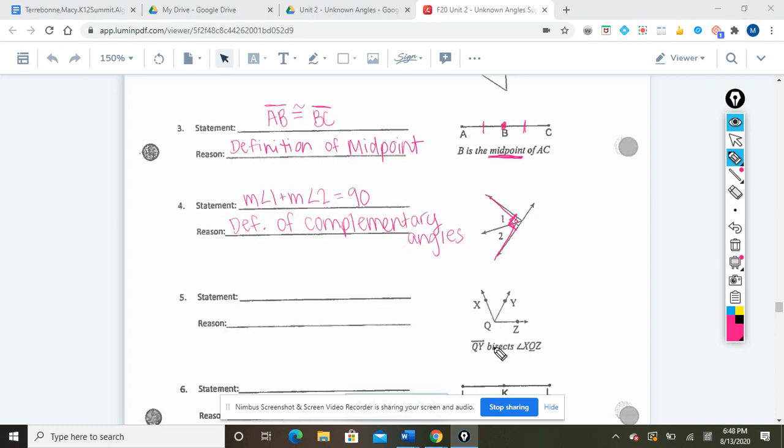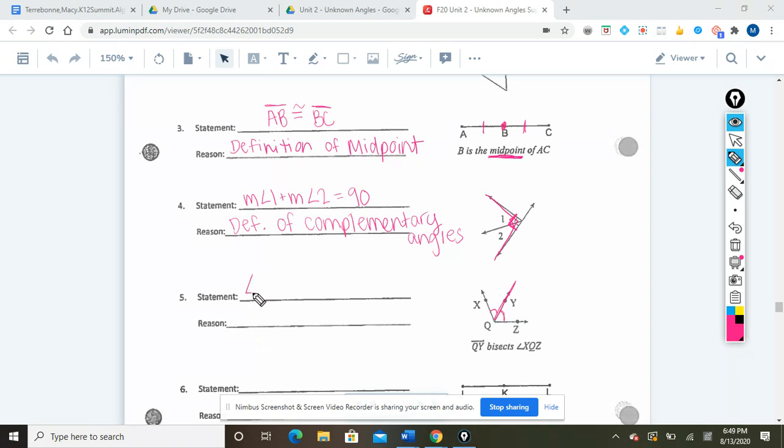All right, number 5. This diagram is telling us QY bisects angle XQZ. So this is something we actually constructed those first few days of school. This is telling us that this angle and this angle are congruent to each other because this guy comes in and slices the angle in half.